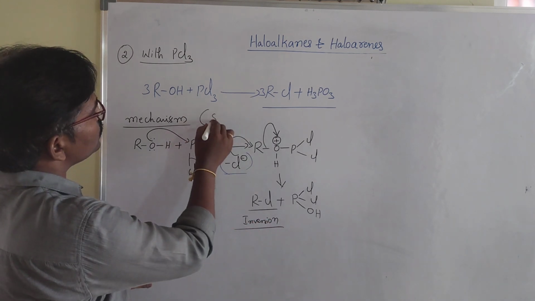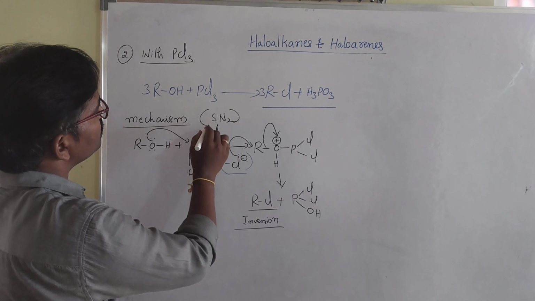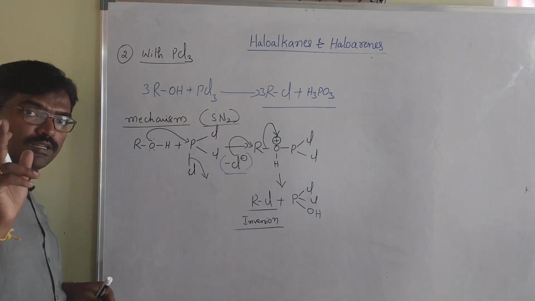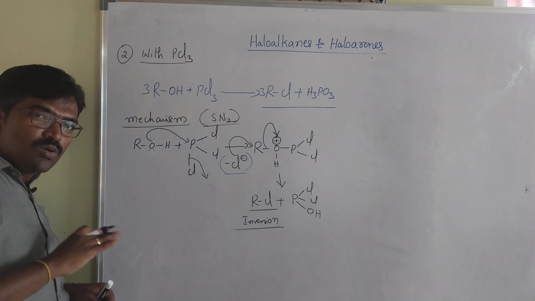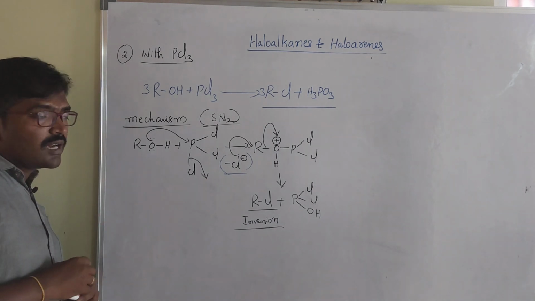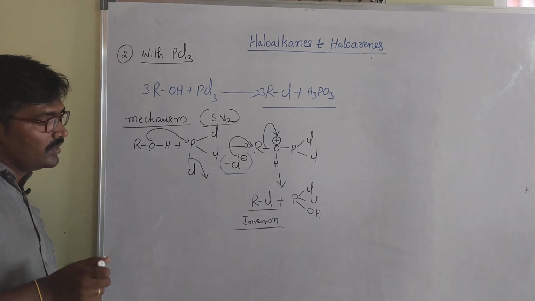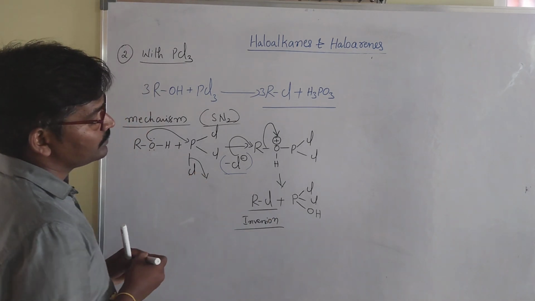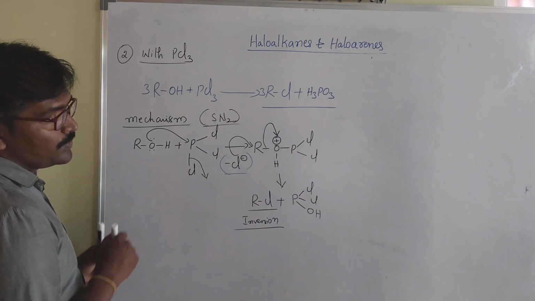This mechanism is also an SN2 mechanism only. Remember, in SN2 mechanism there is no carbocation, while in SN1 mechanism, carbocation will be formed definitely. So here inversion of configuration is formed. So the first step is done.